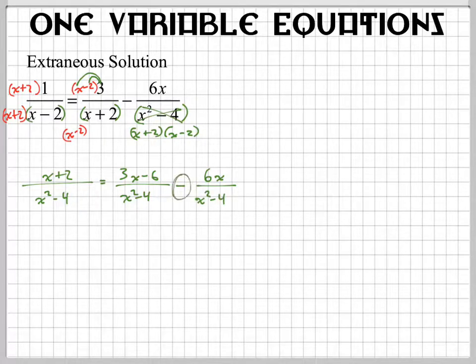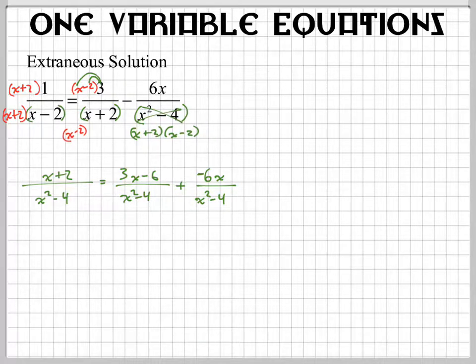Now I don't like subtraction signs when I work with rational expressions, so I change them to addition, and I take the opposite of the numerator, the numerator that is right after the subtraction sign. So that's going to be a negative 6x. I made it negative because this was subtraction, but I changed it to addition.